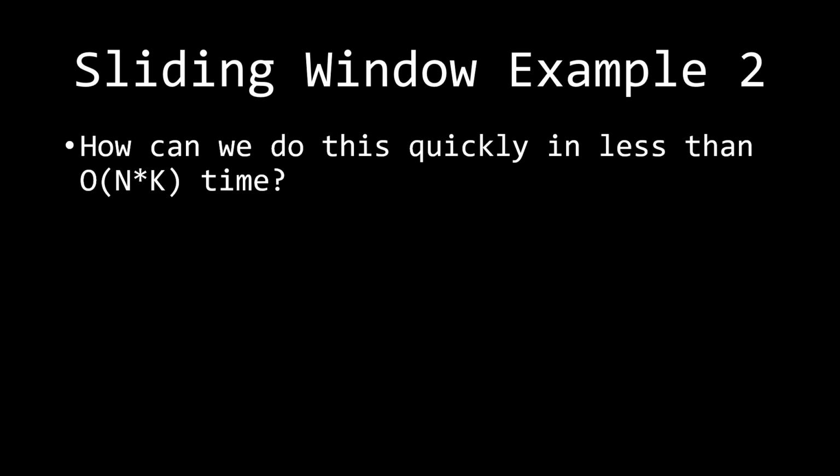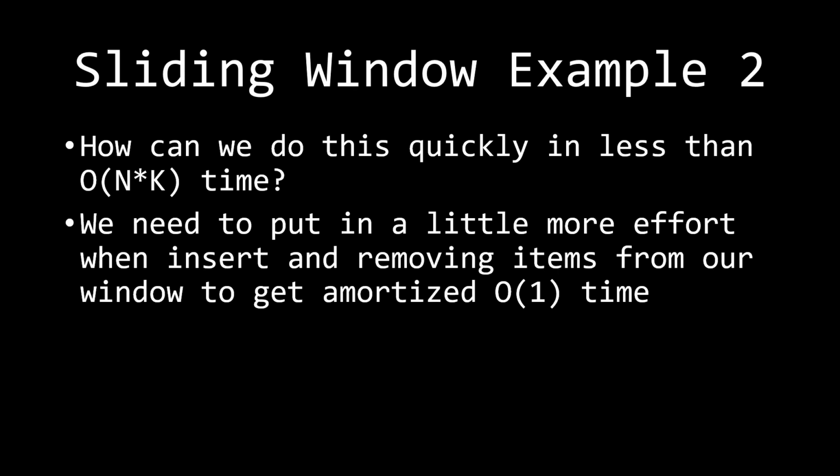We can obviously do this in a naive approach, where for each element, loop through k times and find the minimum of the first k elements from that index. A naive solution is very trivial. So what we need to do is put in a little more effort when we insert or remove items from our window in order to get that amortized O of 1 time.